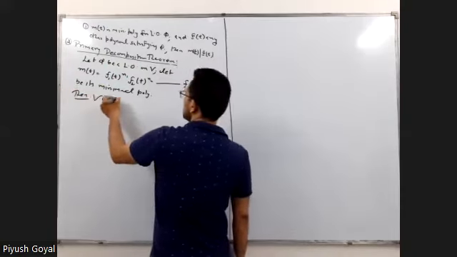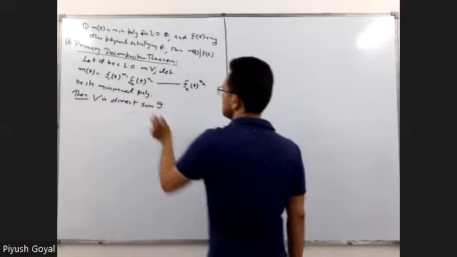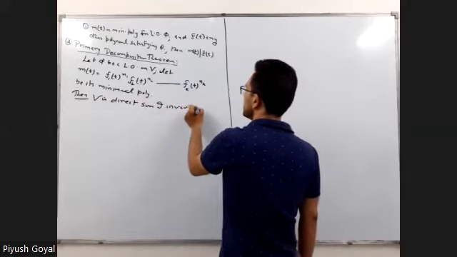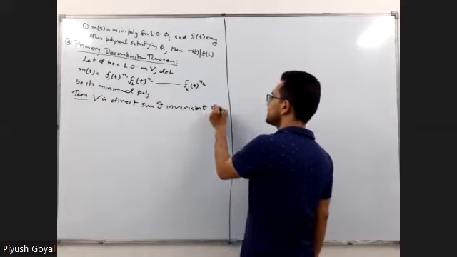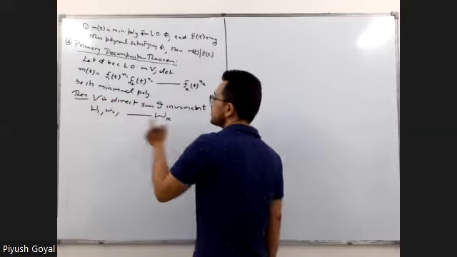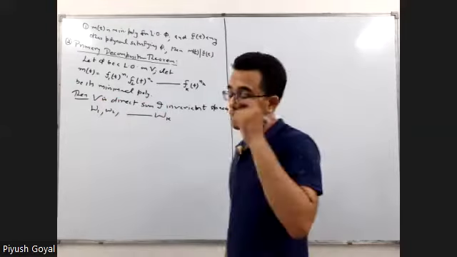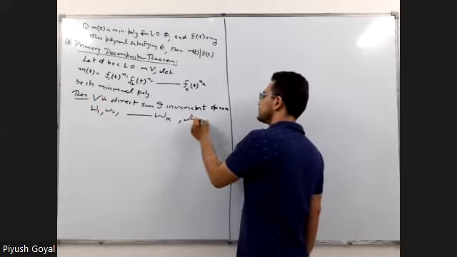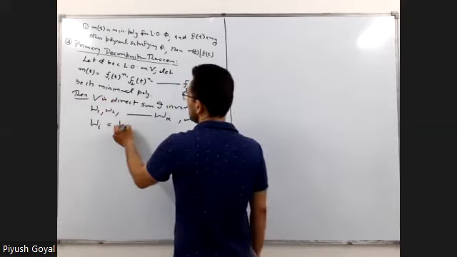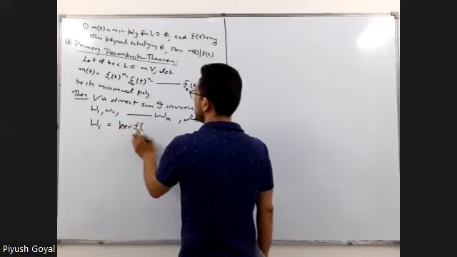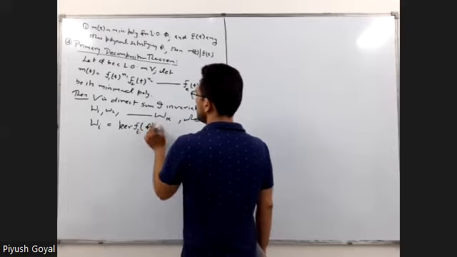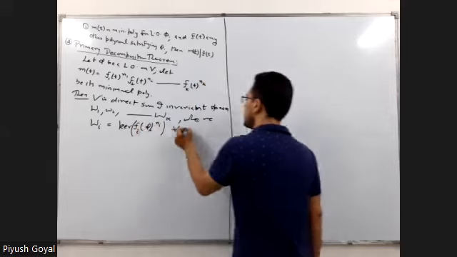Then V is the direct sum of invariant spaces W1, W2, up to Wk, where Wi is the kernel of fi(phi) raised to the power ni, for all i.